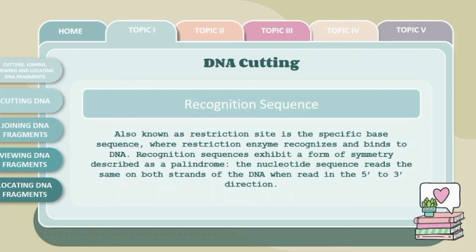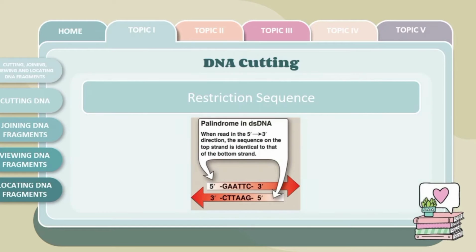Recognition sequences exhibit a form of symmetry described as palindrome. The nucleotide sequence reads the same on both strands of the DNA when read in the 5' to 3' direction. Each restriction enzyme functions by inspecting the length of the DNA sequence and recognizing specific palindromic nucleotide sequences in DNA.